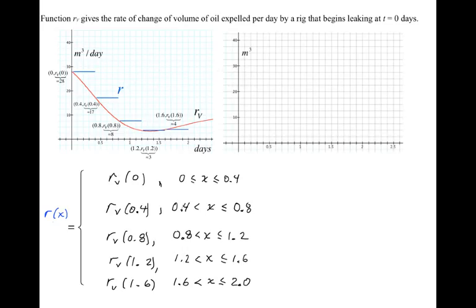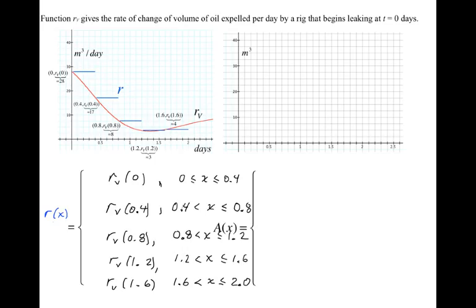All right, so now let's build. So we're going to build what's called the function capital A. Okay, so the function capital A is the accumulation function that we get from the R function, not R sub v. All right, so now we're just going to focus on the R function, which is our constant rates over moments.